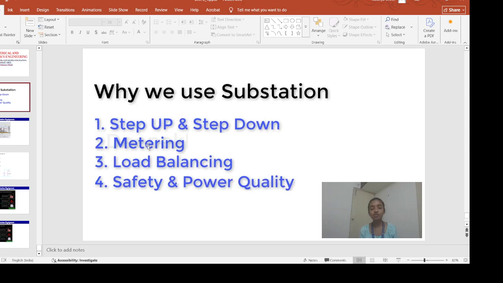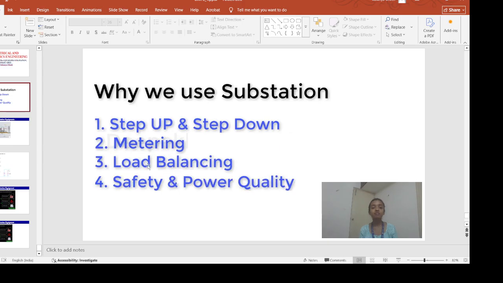So how much electricity Tata is giving to the government is measured in the substation. How much electricity a power plant gives to the government is measured in the substation, and that is called metering. This is the second function of the substation.